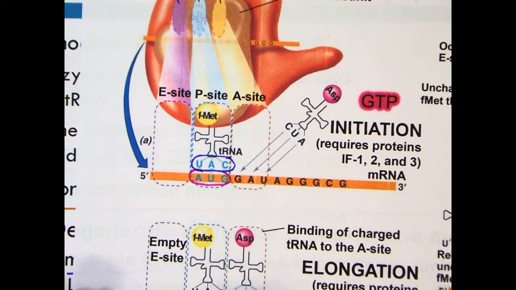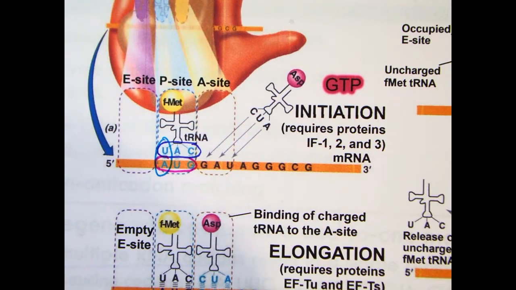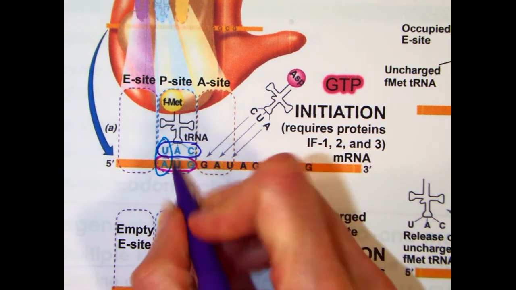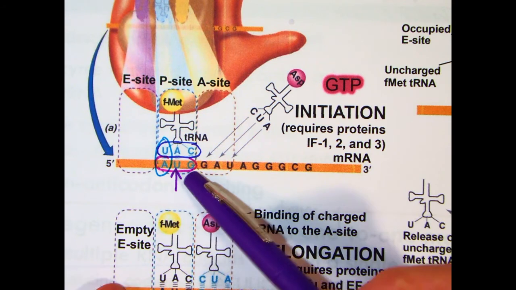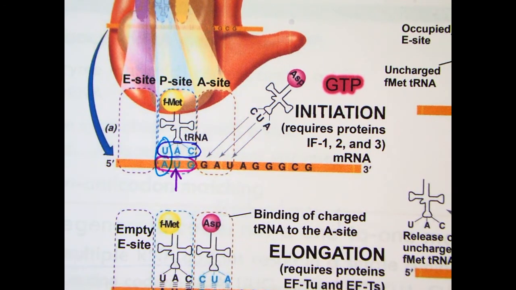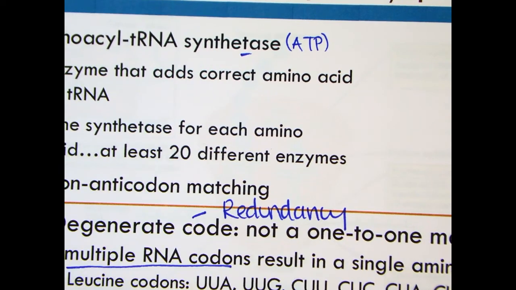And so they draw it like all of them exactly match up. But really, this first set matches the most strongly. It is the most important matchup in the codon-anticodon match. This second set matches pretty strongly, not as strongly as the first set. The third set kind of matches. It's okay if it doesn't, etc. And so wobble is the idea.